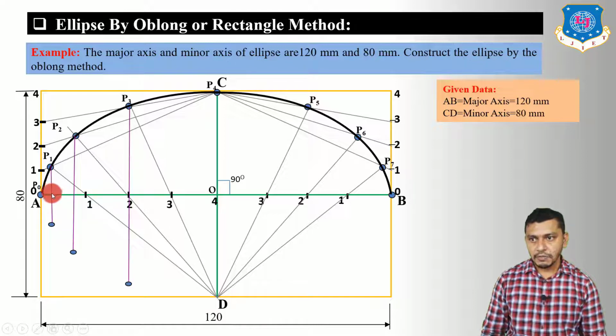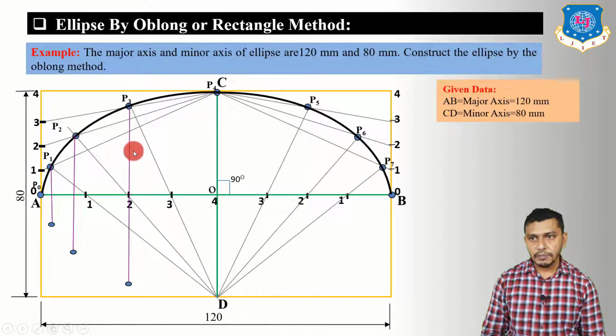Measure this distance and mark the point at the same distance below the major axis on this line. So here we will get this point. In the same way, measure P2 from the intersection point of the vertical line and the major axis and mark the point at the same distance below the major axis on this line. So here we will get this point.